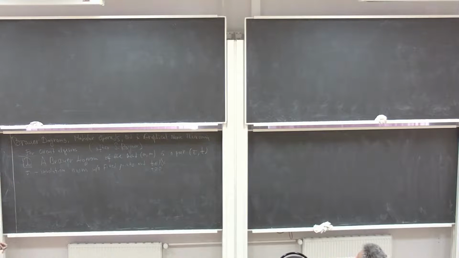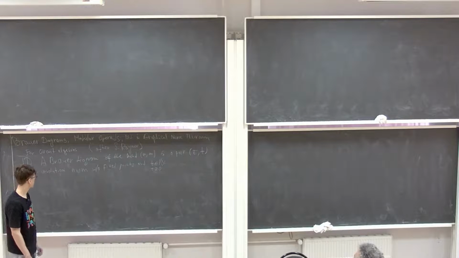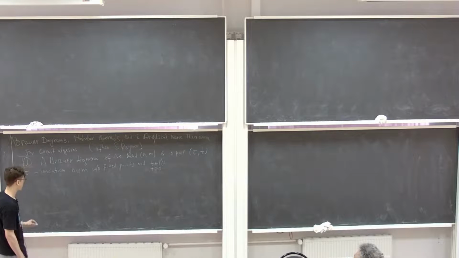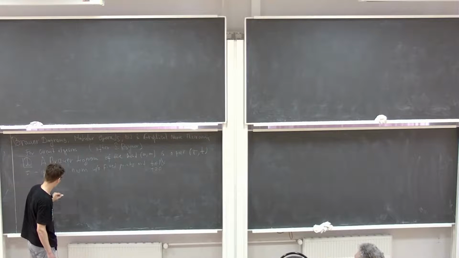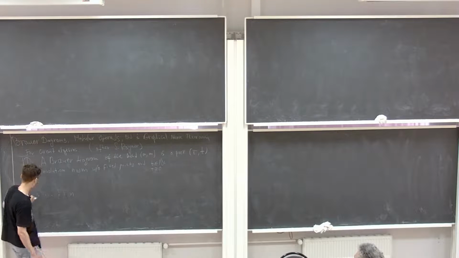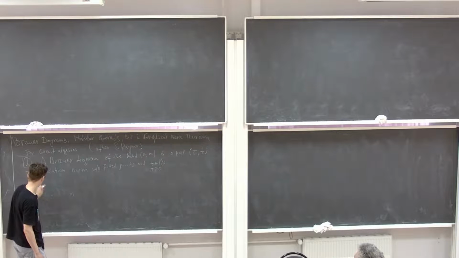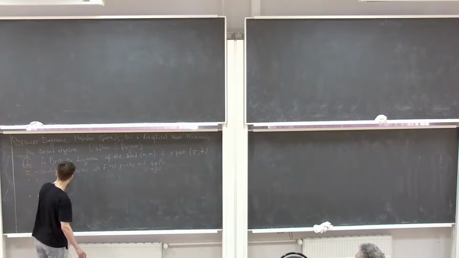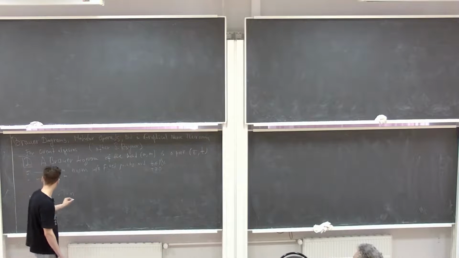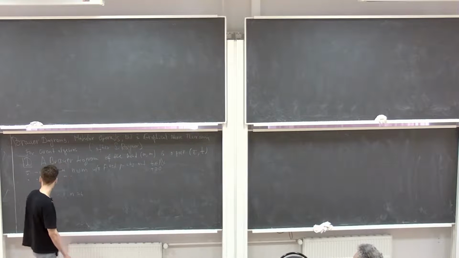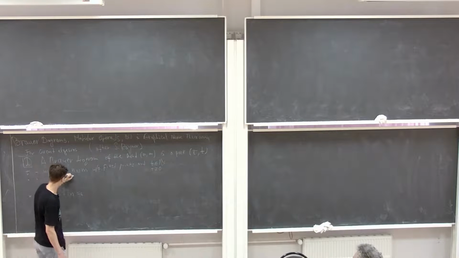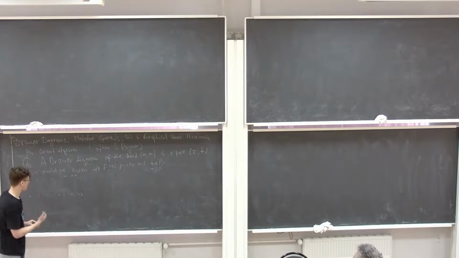Once we say the word diagram, we should draw something. So let me do it. I will draw n points on one line and m points on another. Here n equals 6, m equals 4.